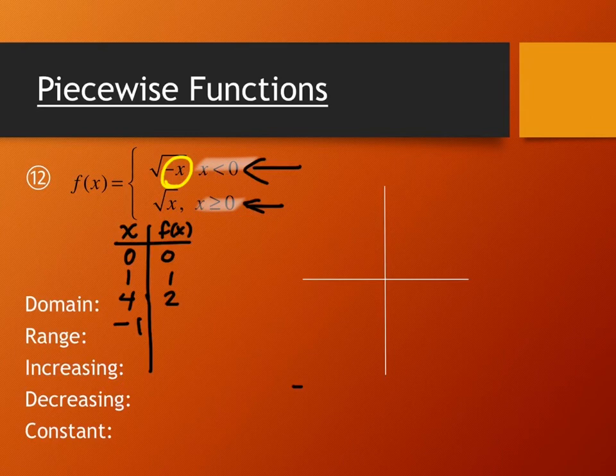So you're having the square root of negative negative 1. That's the same thing after you cancel those two negatives as having the square root of 1, correct? Good. So when x is negative 1, the value will be 1. And we could do the same thing with negative 4. If I do the opposite of negative 4, I'll have the square root of 4, which gives me 2.